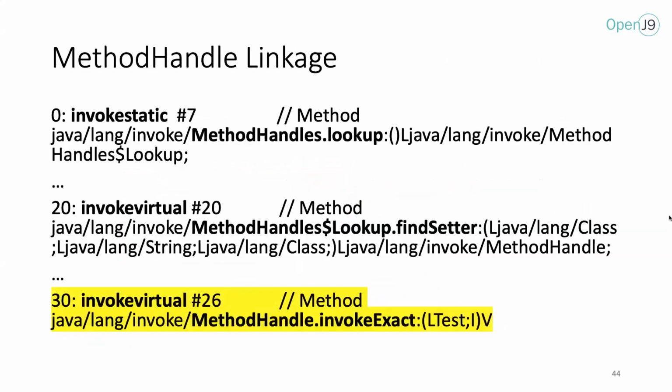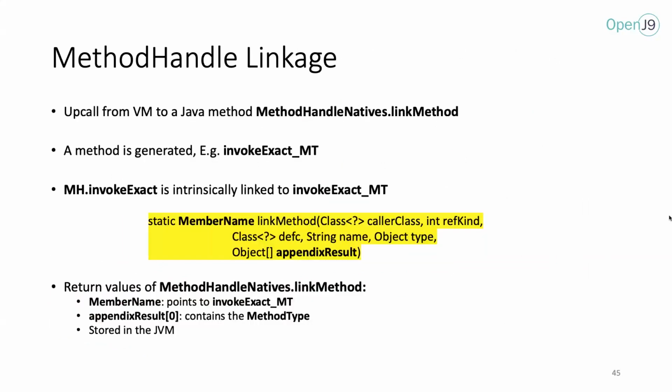The next stage is linkage. Linkage happens when we do an invoke virtual on MethodHandle.invokeExact, which is the last bytecode. So what happens during linkage is we call from VM to Java, and we execute a Java method. And the name of that Java method is MethodHandleNatives.linkMethod.